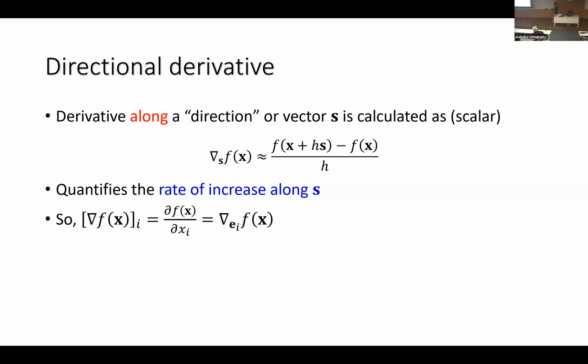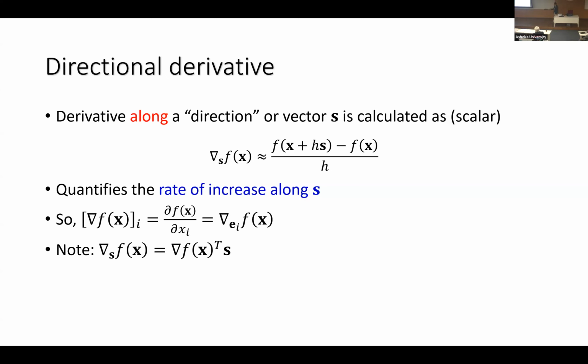Another way of writing, so let's now bring all these together. The ith entry of the gradient is the partial derivative with respect to xi, and from our definition, that is also the directional derivative along ei, ei being the unit vector.